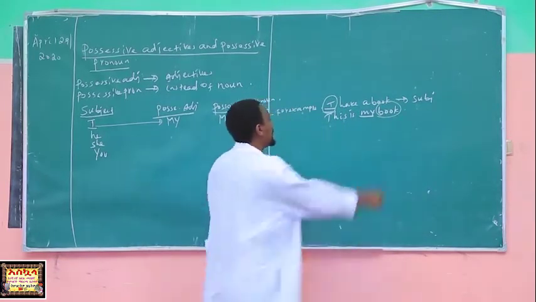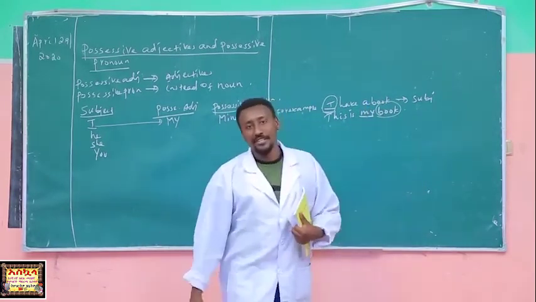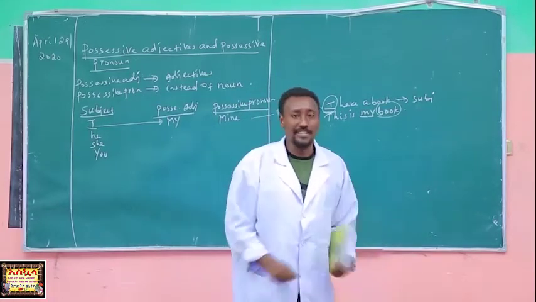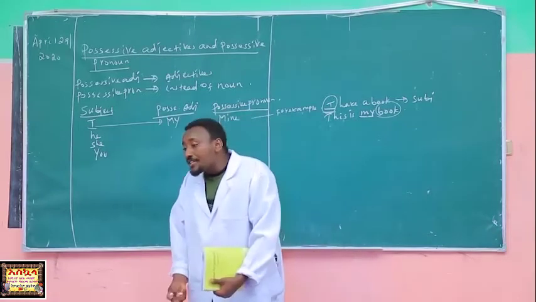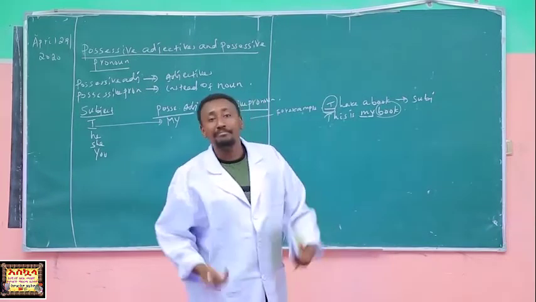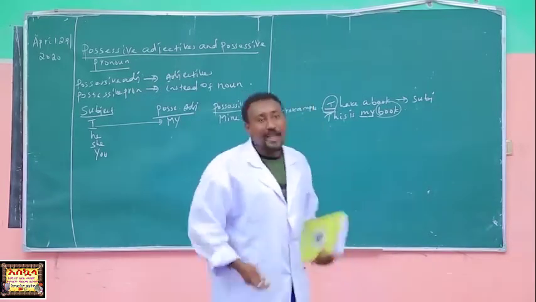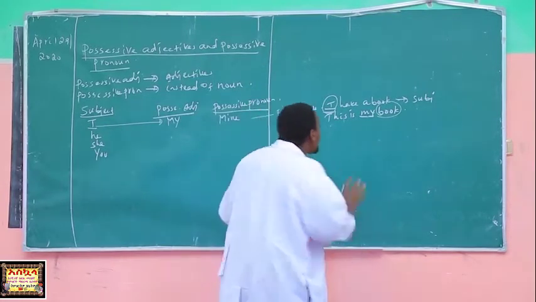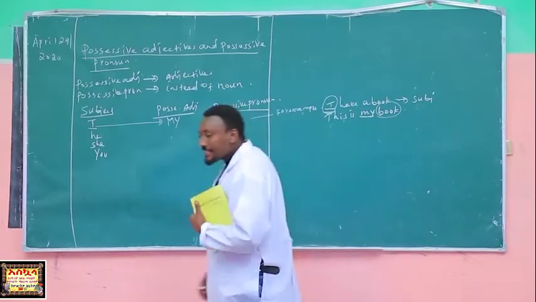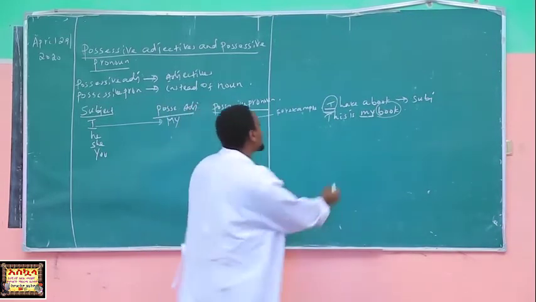If somebody asks you, we answer, oh, this is my book. We see that always adjectives should come before the noun it modifies. And unless it is otherwise, the part of speech is already changed.